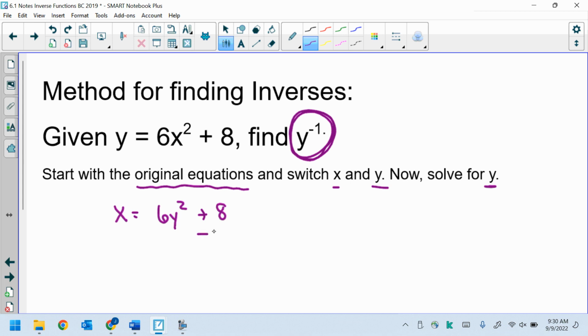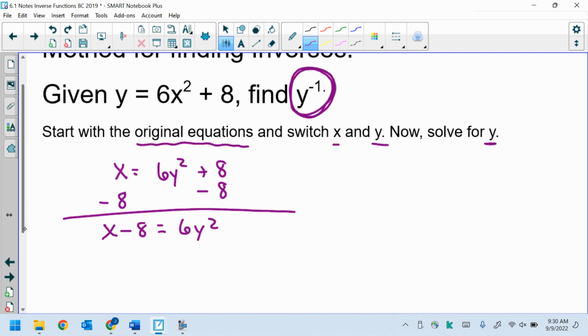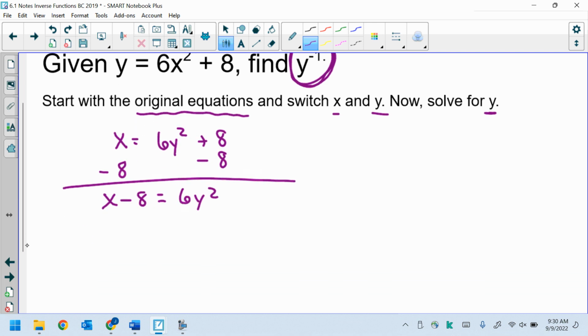I think I would subtract 8 from each side. I do believe I divide by 6. And I believe I would square root both sides.